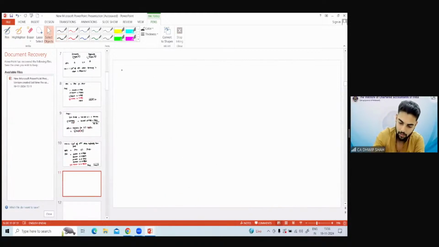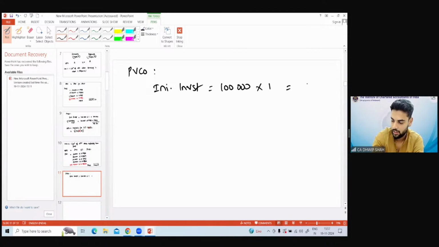And now let's calculate PVCO. In PVCO, my initial investment would be 1 lakh. And since it is happening today itself, no need to discount.